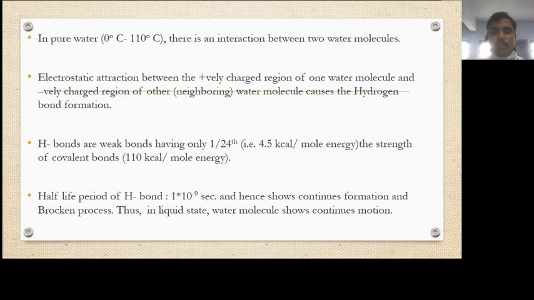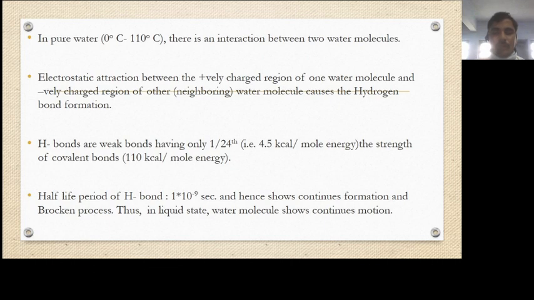Hydrogen bond is a weak bond, having only 4.5 kilocalorie per mole energy as compared to covalent bonds, which have 110 kilocalorie per mole energy.